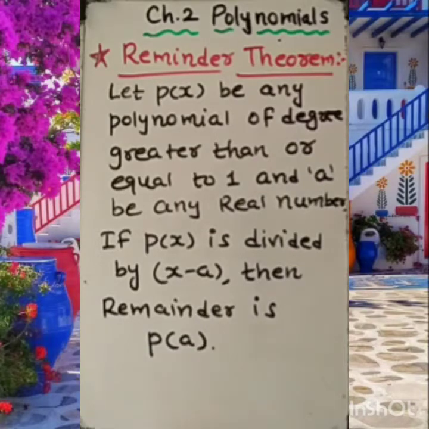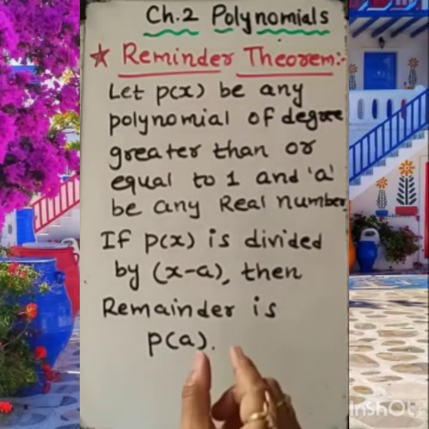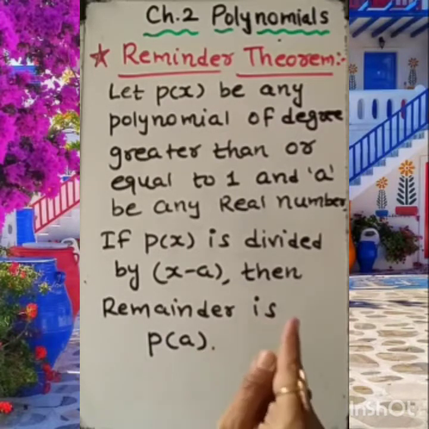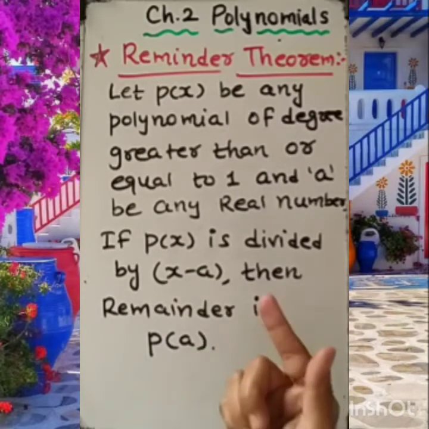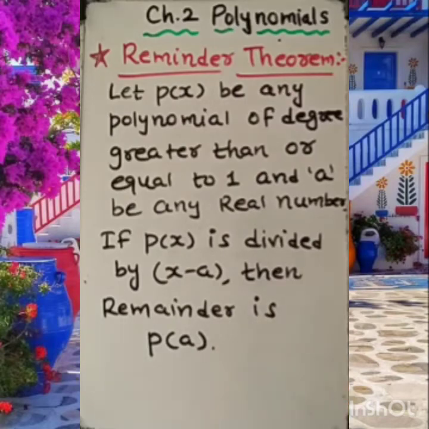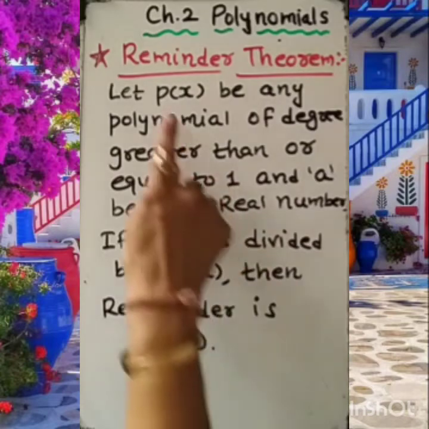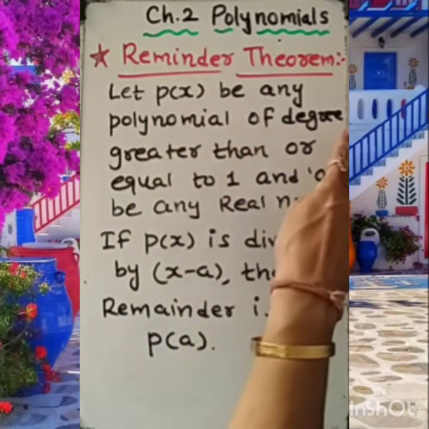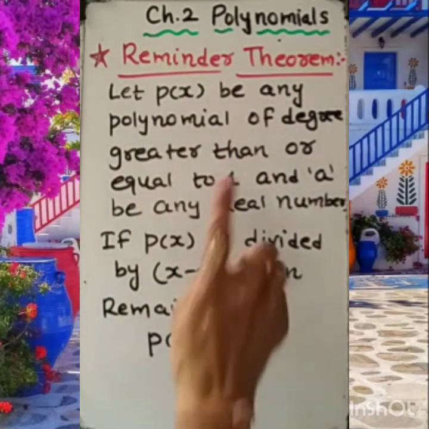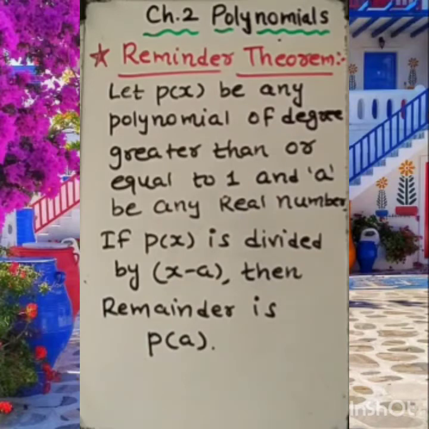Dear students, as we know, the general form of a polynomial is a0 plus a1x plus a2x squared plus a3x cubed and so on, up to an x to the power n. If p(x) is any polynomial whose degree is greater than or equal to 1, the degree of the polynomial should not be 0.